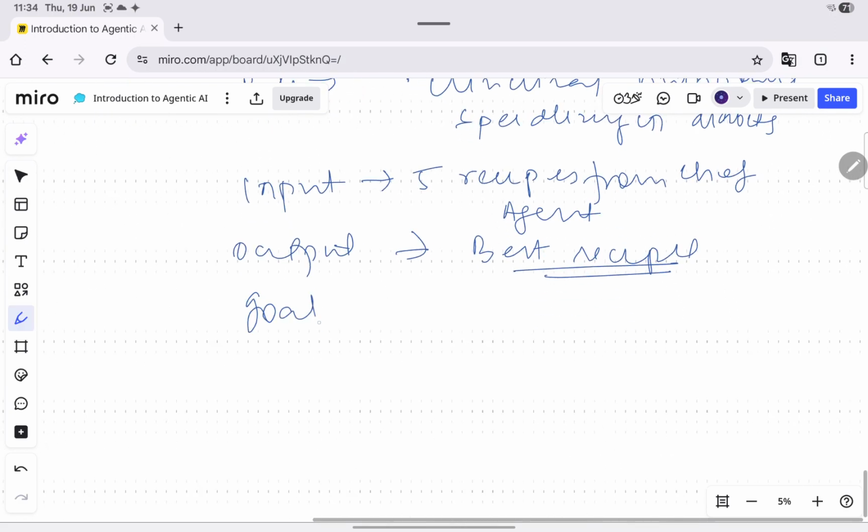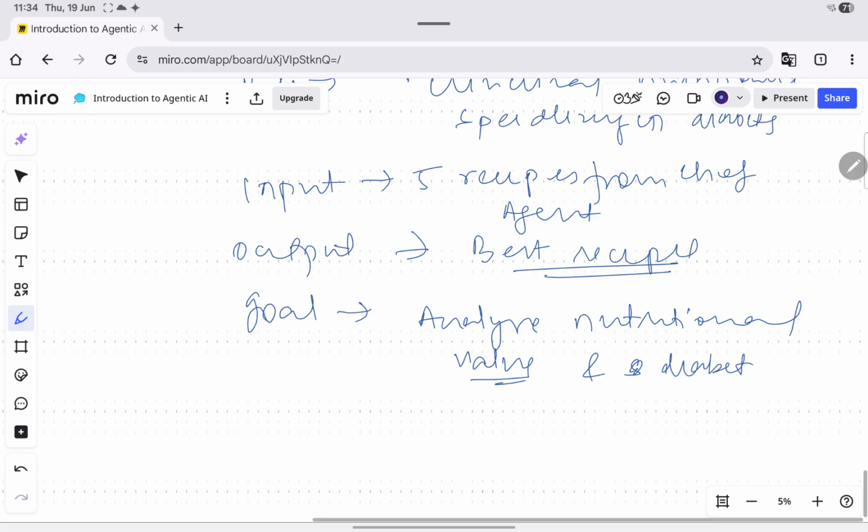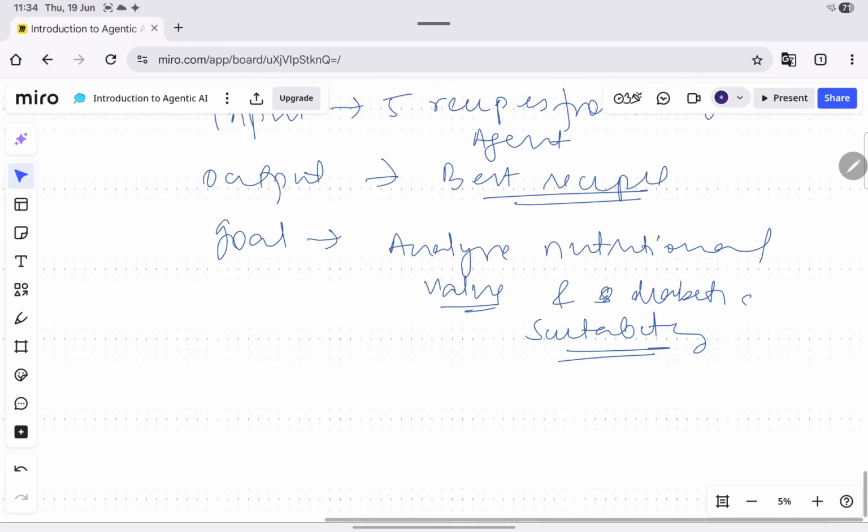The goal is to analyze nutrition value and diabetic suitability. So this is the role, input, output and goal of the second agent.